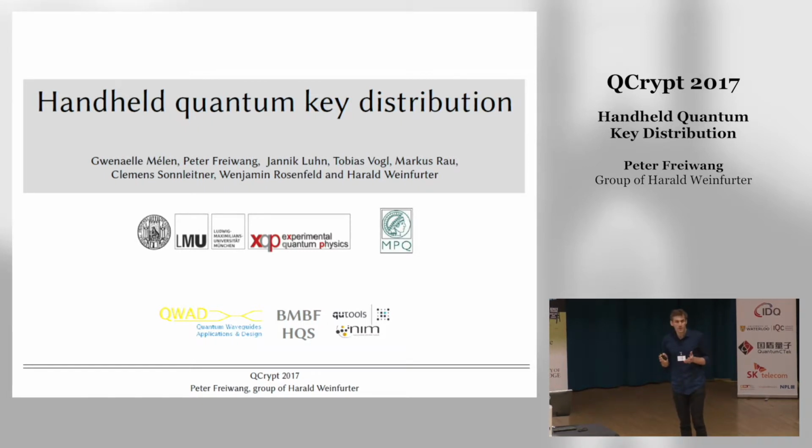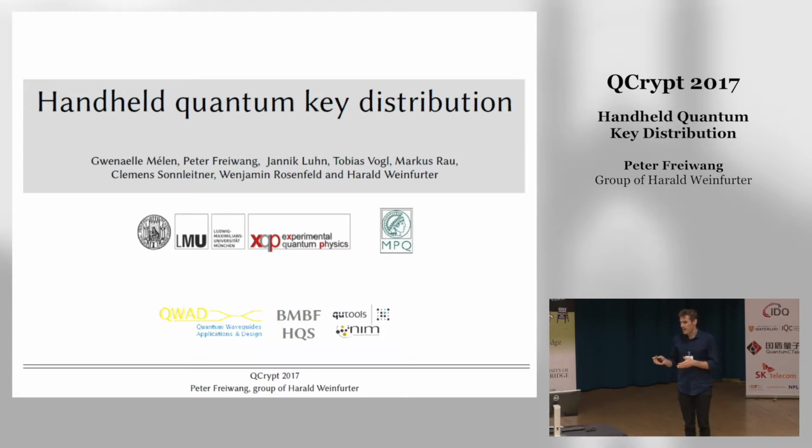There exist a lot of applications for small distance QKD. Yesterday we already heard a talk about this. For example, the transaction at an ATM or a point of sale, or access to a quantum network. But in order to achieve this, we have to shrink the size of the QKD setups, at least for one part of it.